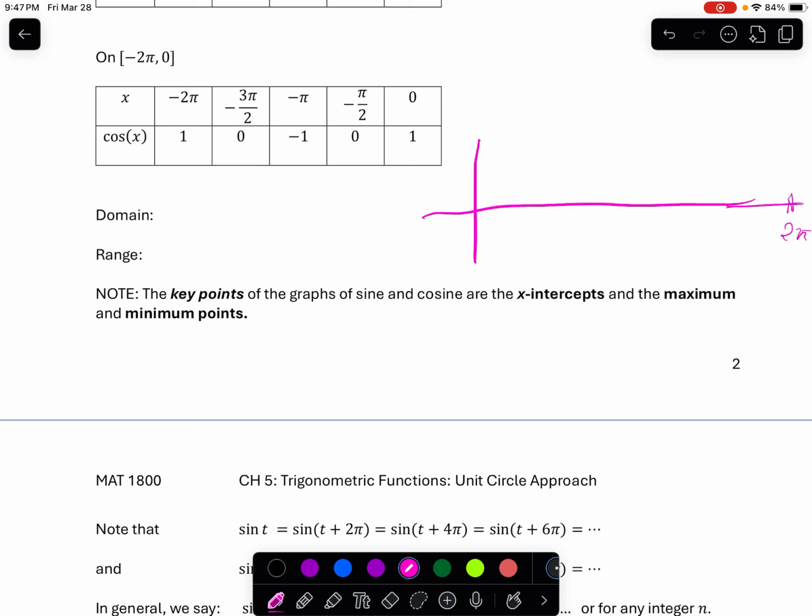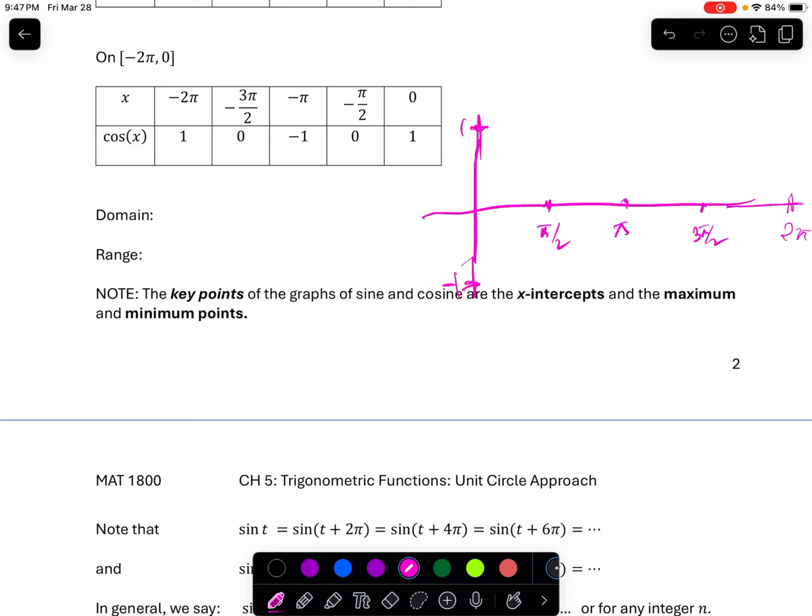Then go to the middle, half the period. So half of 2 pi is pi. Then to the left of pi, you get pi over 2. And to the right of pi, you get 3 pi over 2. And now on the y-axis, take a nice big 1 and negative 1.